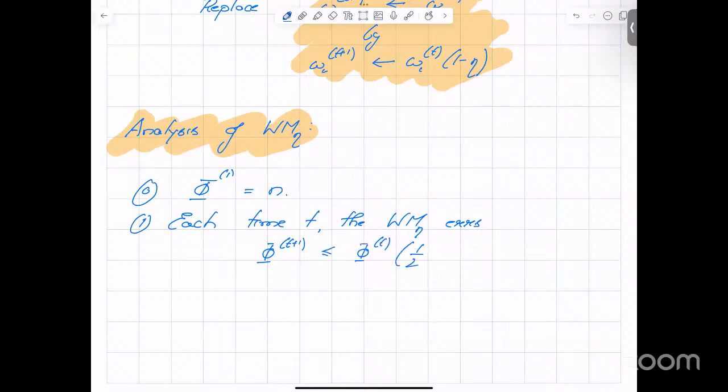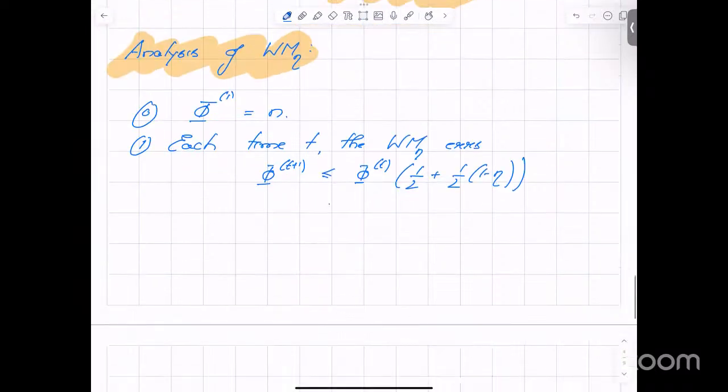Possibly half of it is unchanged. The other half goes down by a factor 1 minus eta. So that is, each time it goes down to phi of t into 1 minus eta by 2.